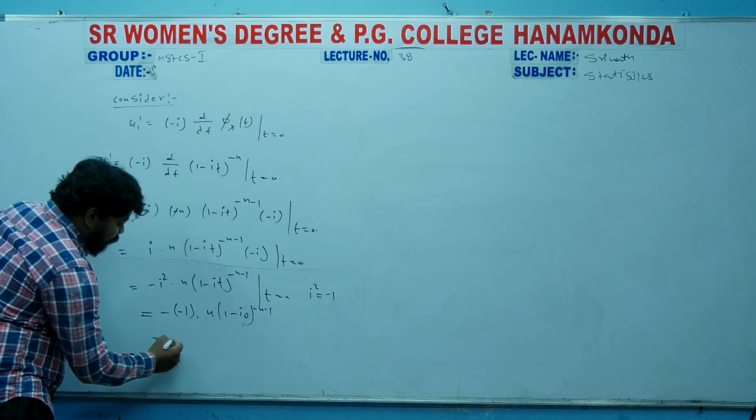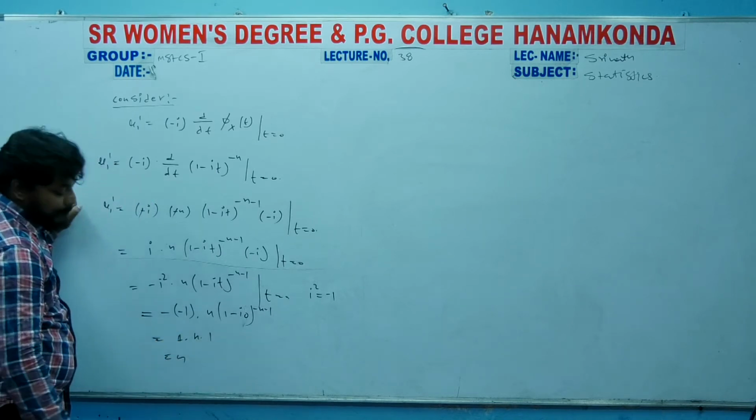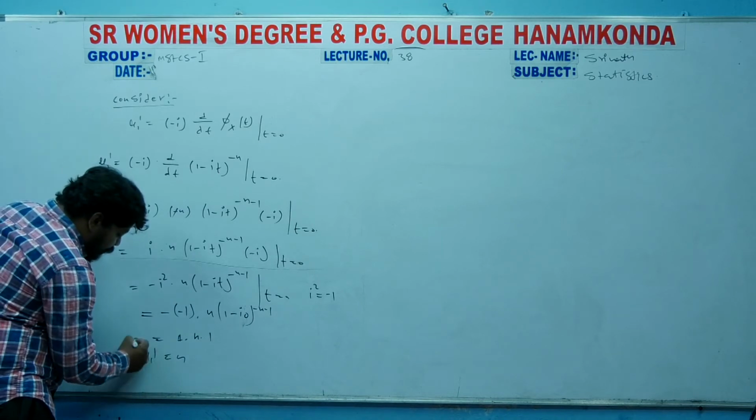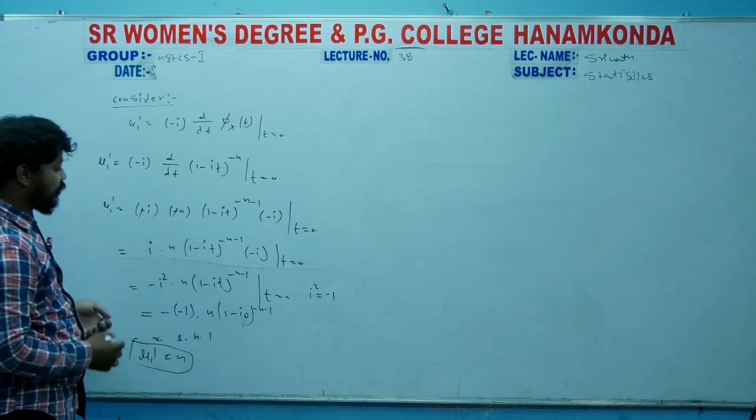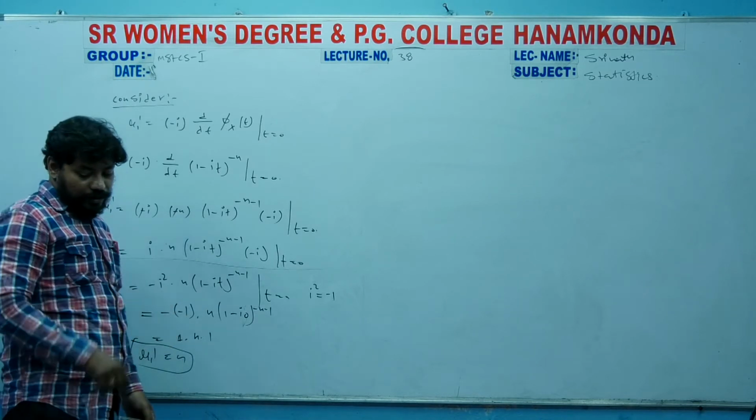That is 1 into n into 1, so n. Then mu1 dash is equal to n in gamma distribution.